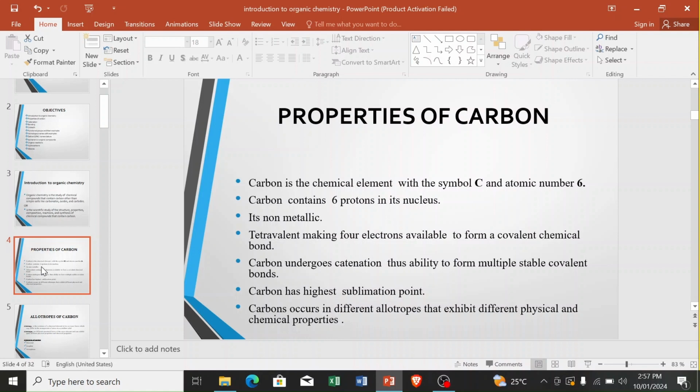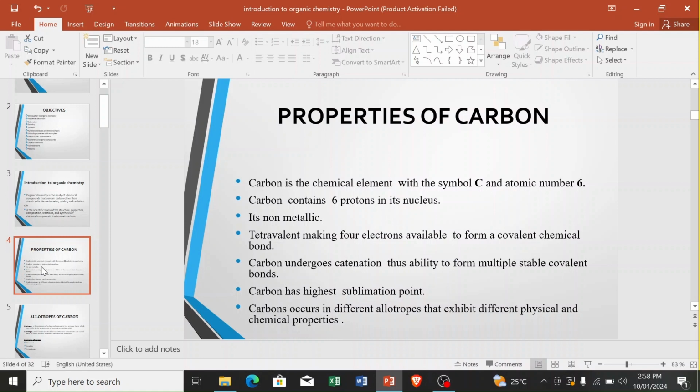We know allotrope is the existence of an element of the periodic table in 2 or more forms. When an element is able to exist in 2 or more different forms, we are going to see that carbon also has different allotropes because it has the ability to exist in 2 or more forms.